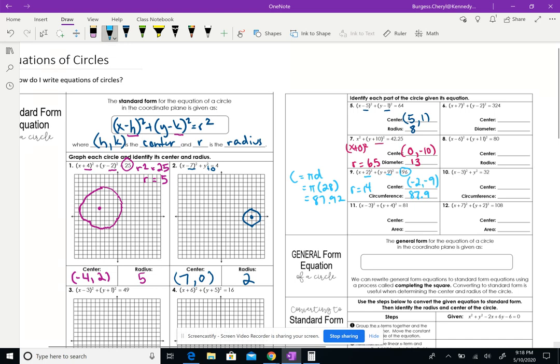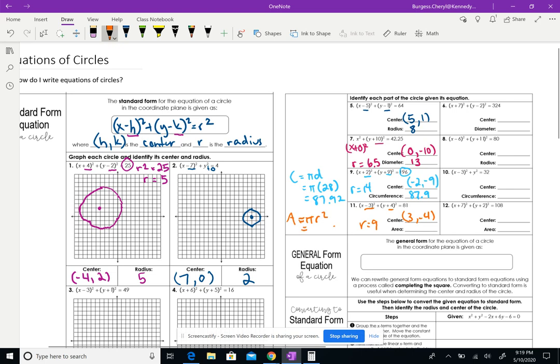So in number 11, the center is at (3, -4), and they asked for the area. So our radius is the square root of 81. The radius is 9. And area is pi times radius squared.